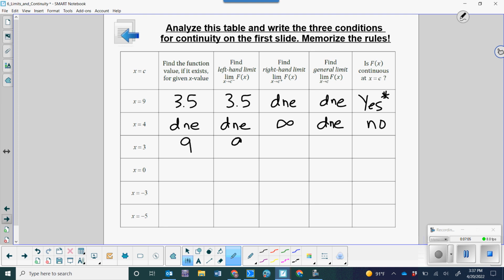The left limit is 9. That one was okay, but the right limit does not exist. The overall limit does not exist. And here we're going to say no. Now, technically, I'm going to put an asterisk by this one too. Those are things that we sometimes would have to discuss, because it's also kind of an endpoint, okay? But basically, the function itself does end at that place.